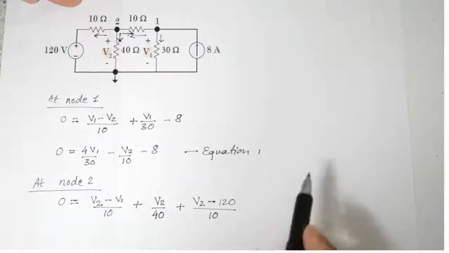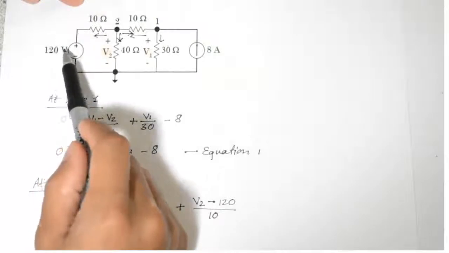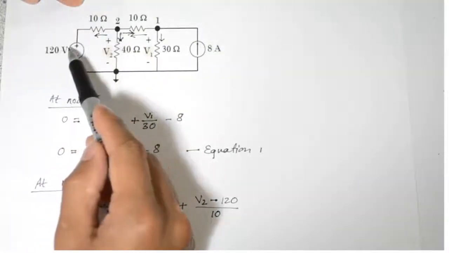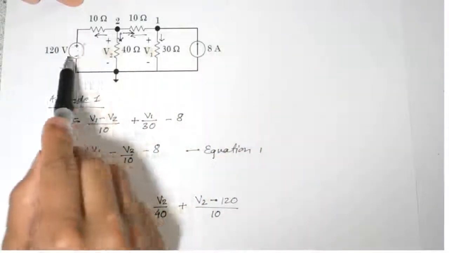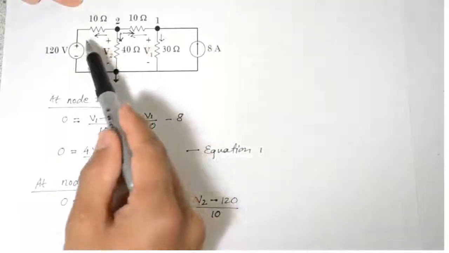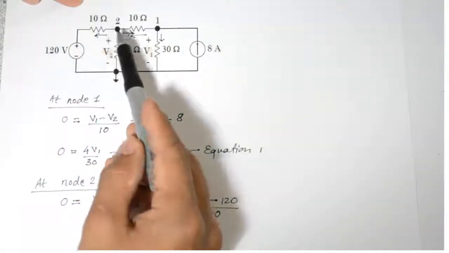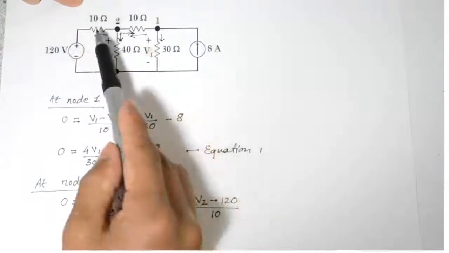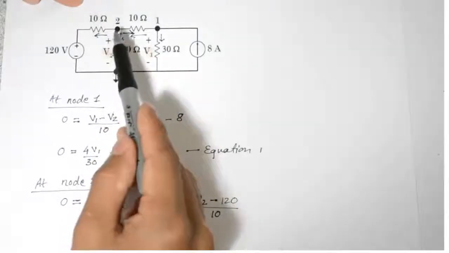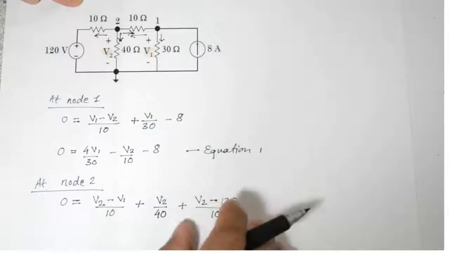Okay, so since there's 120 volts voltage source right here, we do V2 minus 120. So you might see some other questions where this is flipped and it is actually the minus is over here on top and the plus at the bottom, so you don't need to panic on that. You just do V2 minus 120 divided by the resistance here, so that'll actually be V2 plus 120. So that would be a little trick question which could appear in your homeworks or exams.